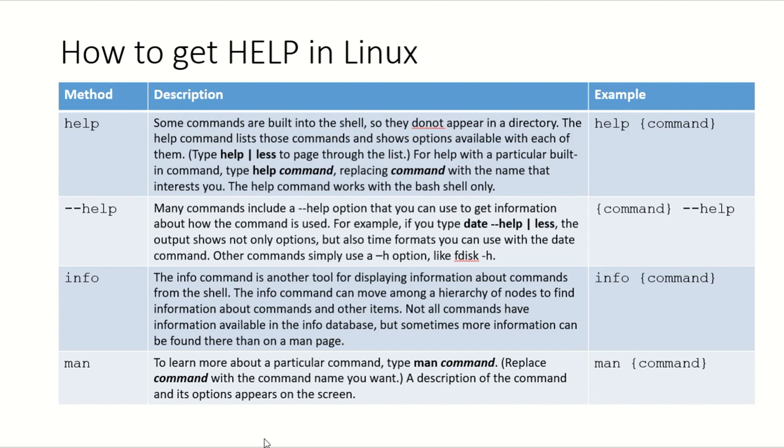Now some programs offer the help option. It's not all the programs, but some of them. The help menu will show you slightly different information from the man pages, and again, it would depend on the program itself. You have to try.